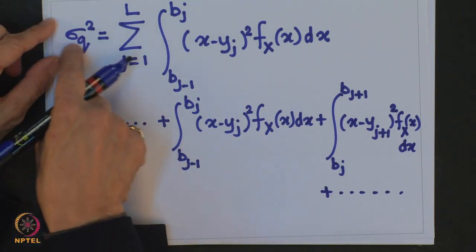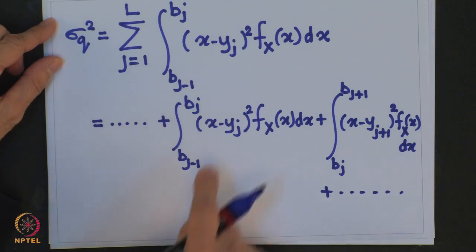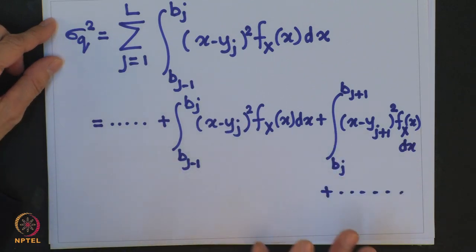So, when you take the derivative of this with respect to Bj, these two terms are going to be involved, rest of the terms will go to 0.